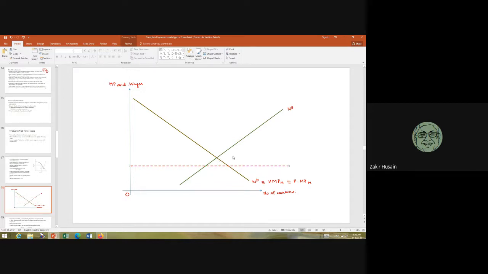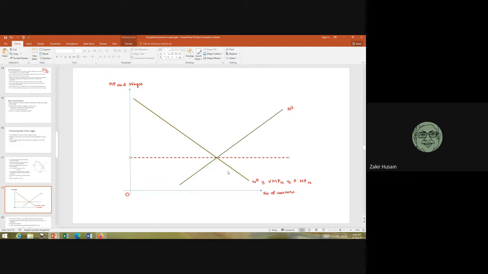But remember that Keynes was talking about downward rigidity of money wage. So if we start from a position like this, remember that money wages can go up, it cannot fall. So here we have excess demand for labor, money wage will rise, and you will have equilibrium over here.